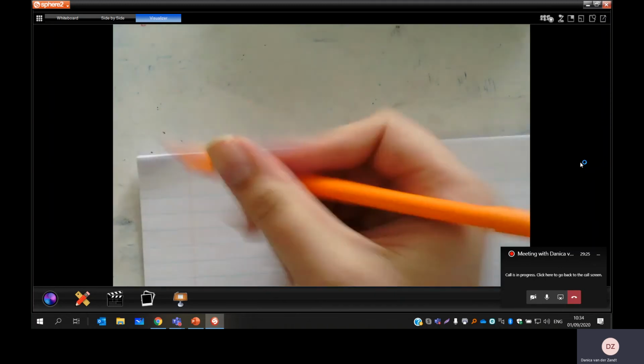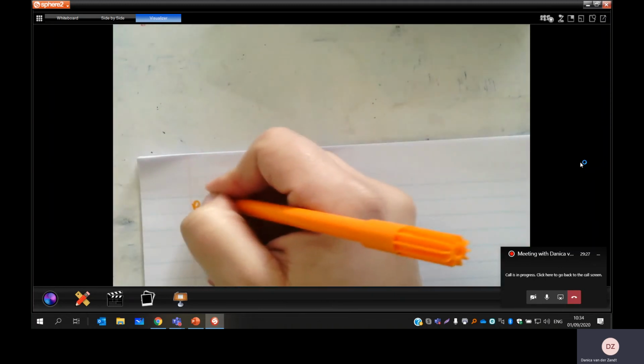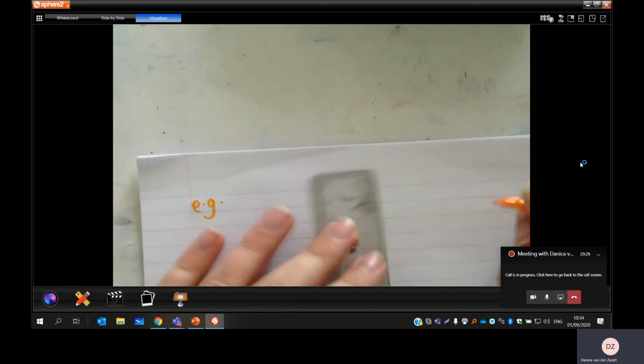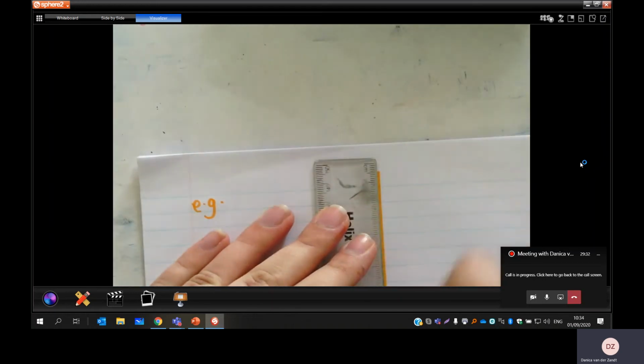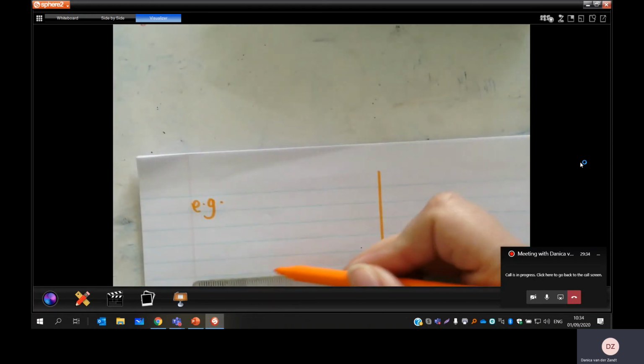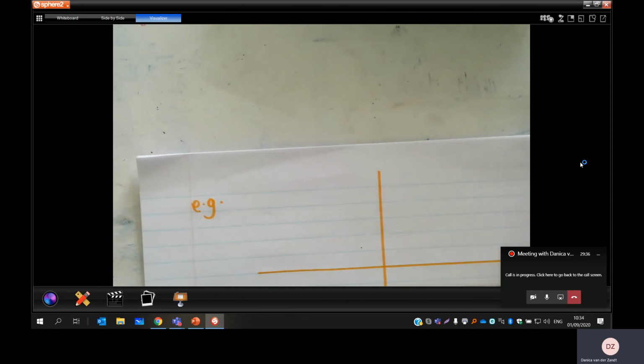So we'll first do an exercise and then we'll do an example. No, the other way around. First example and then an exercise. So my example is, I give you a Cartesian plane. X-axis, Y-axis.